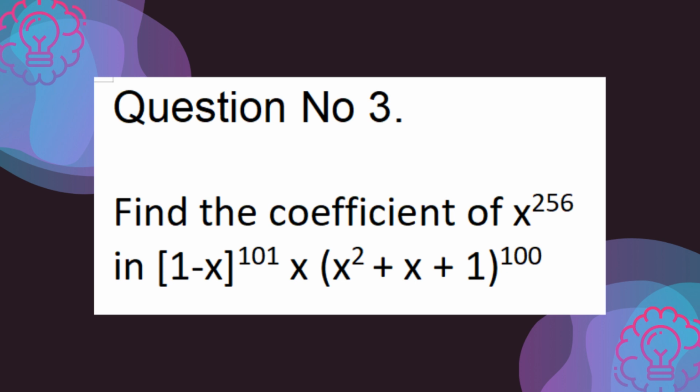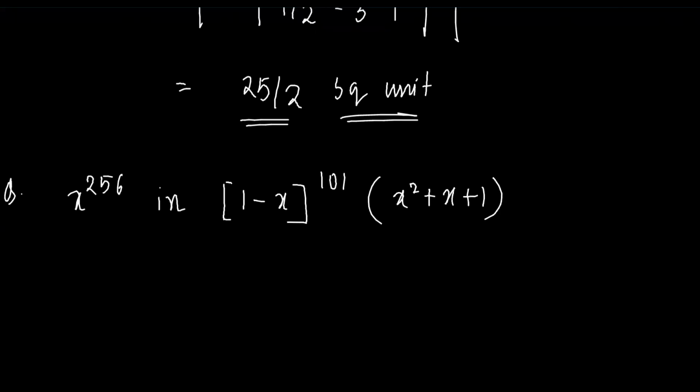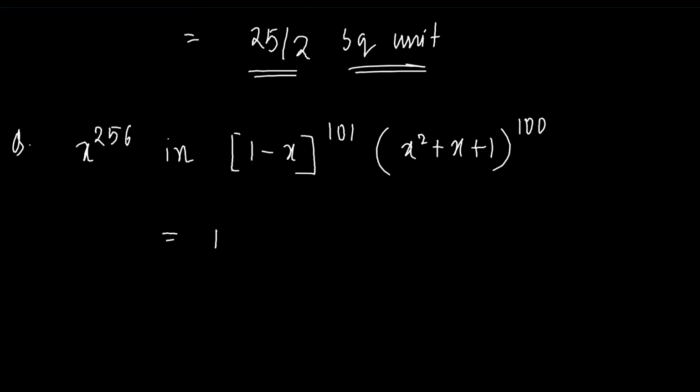So we have to find the coefficient of x to the power 256 in the given 1 minus x whole to the power 101 into x square plus x plus 1 whole to the power 100. Now it's very interesting. Suppose 1 minus x, I am just keeping it aside.